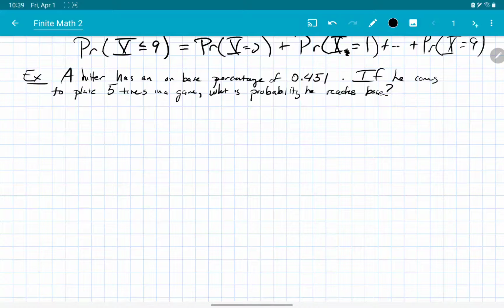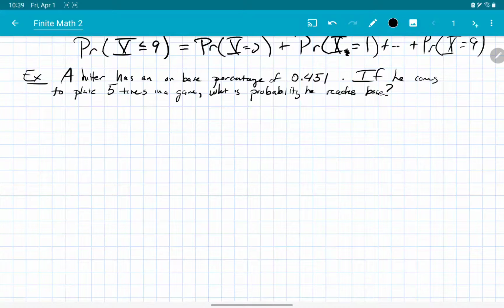We are going to view each plate appearance that the batter makes as a binomial trial that has a 0.451 probability of success and a 0.549 probability of failure.